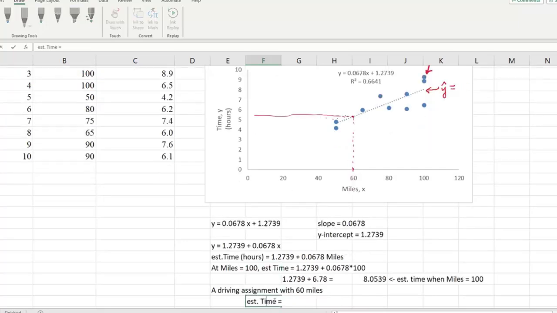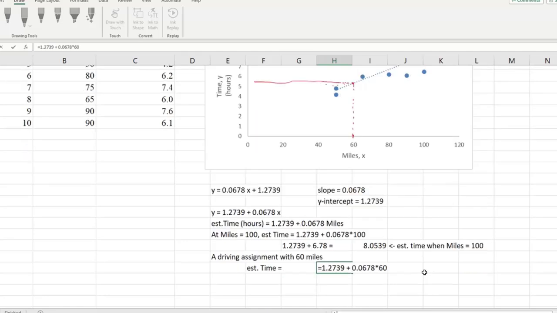So I could say, it's 1.2739 plus 0.0678 times 60. That gives us 5.34 hours. After typing this, I got this value.